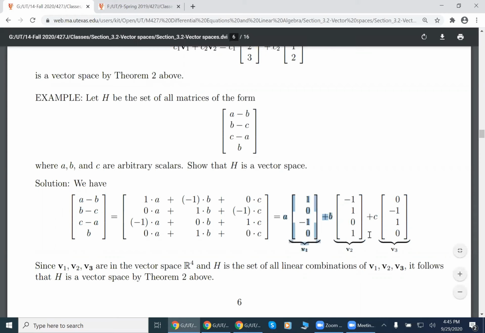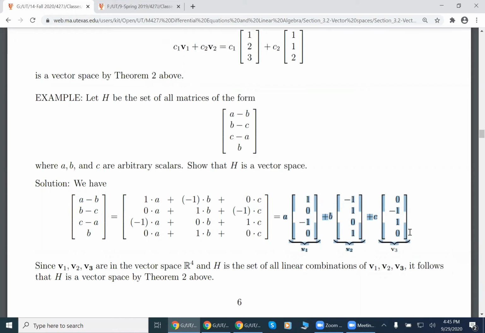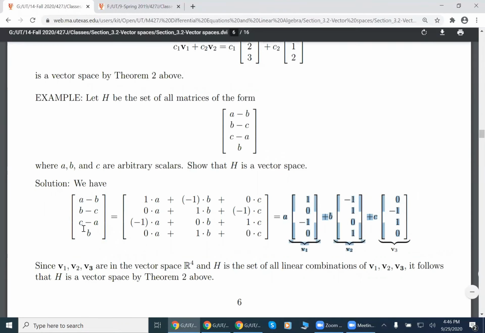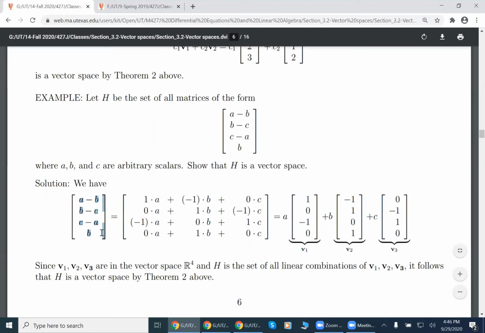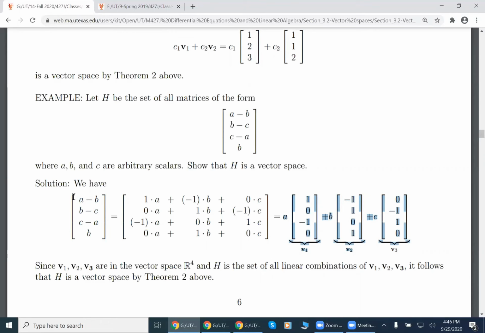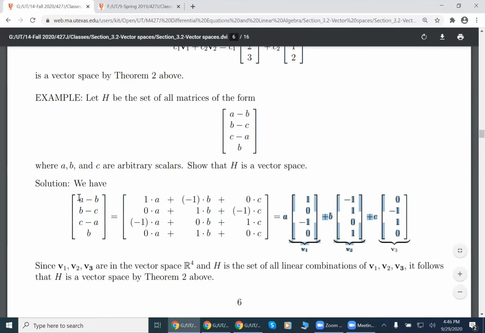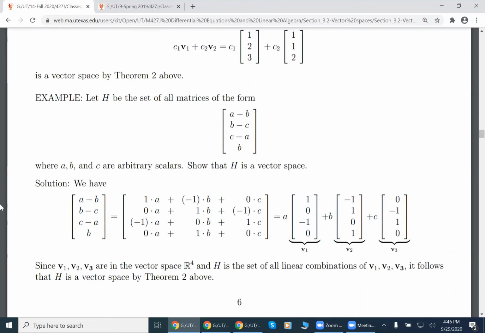Once again, note that this is not one matrix. This is a set with infinitely many elements, because we can plug in any number instead of A, any number instead of B, any number instead of C. So here we have infinitely many elements. Here we have infinitely many elements. The set of all such matrices is equal to the set of all such matrices. This is a vector space, therefore this is a vector space. Did I answer your question? Yes, thank you.